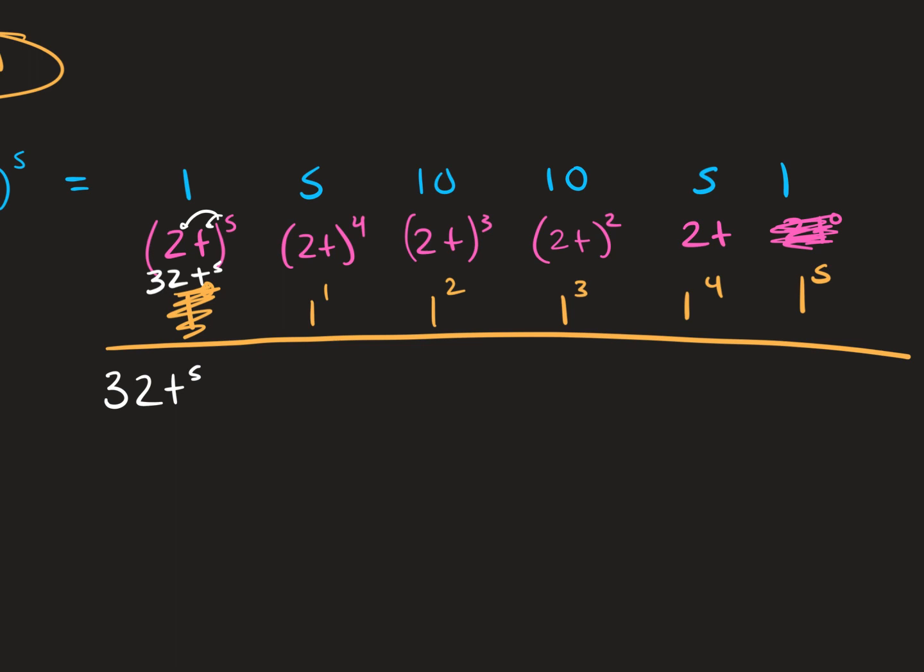Next. All right, 2 to the fourth power is what? 16. So 16t to the fourth power. What's 16 times 5? 80. So 80t to the fourth power.